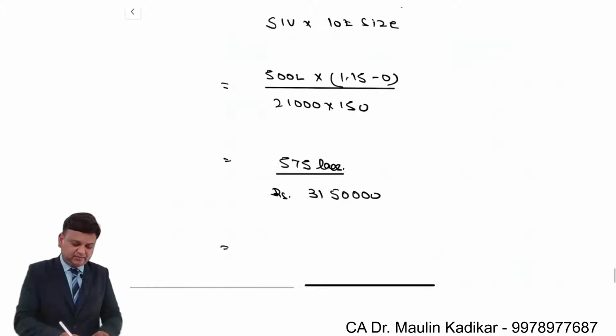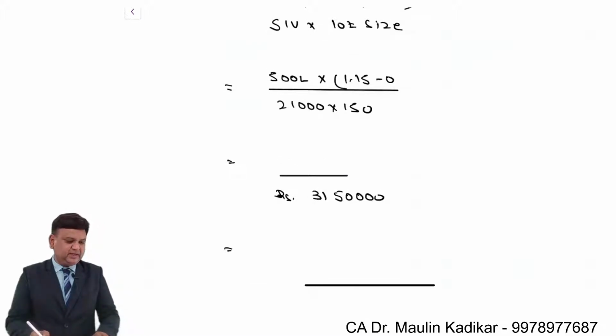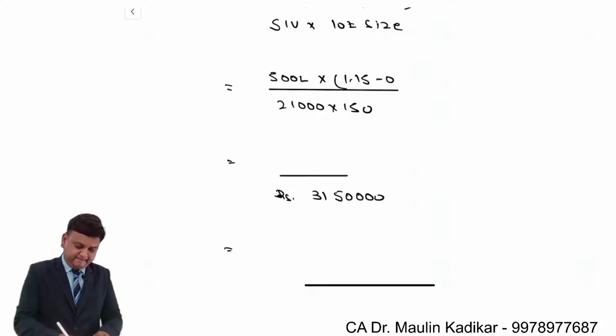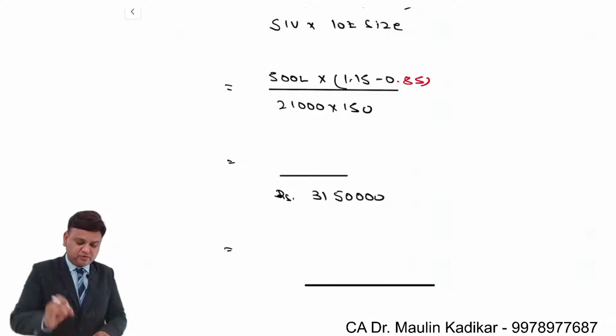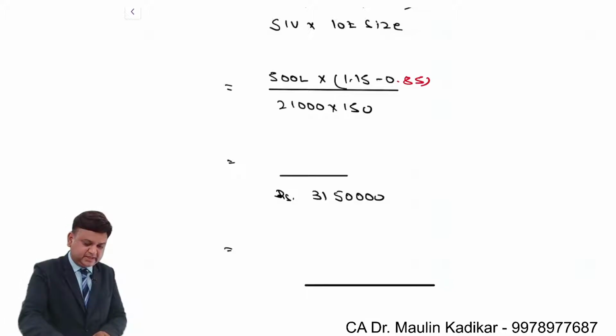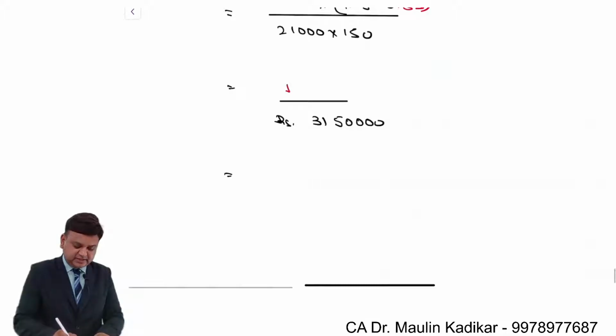Oh, I'm sorry. The required beta, I mentioned it wrongly. The required beta is 0.85. So 1.15 minus 0.85, so 0.30 into 500 lakhs. So it is 150 lakhs.